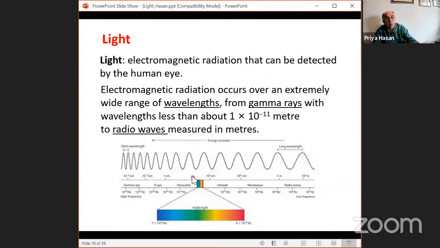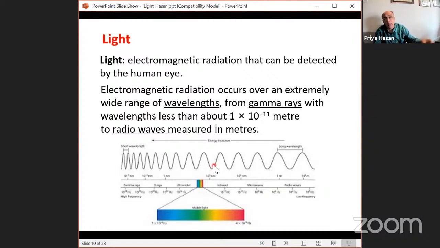As you go from left to right, your wavelengths are becoming large, and your energy is becoming low. Okay, and our eye can detect only 400 to 700 nanometers.